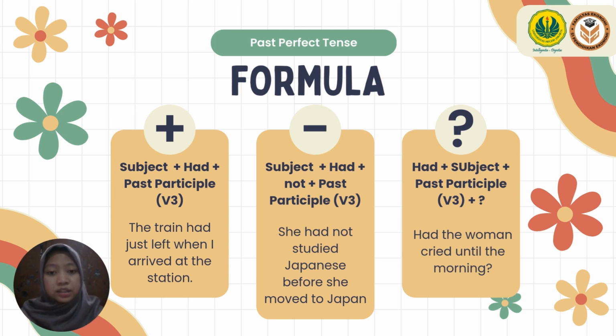For the negative sentence, we use subject plus had plus not plus past participle or verb 3. For example, she had not studied Japanese before she moved to Japan. And for the interrogative sentence, we can use had plus subject plus past participle or verb 3 plus complement. For example, had the woman cried until the morning?